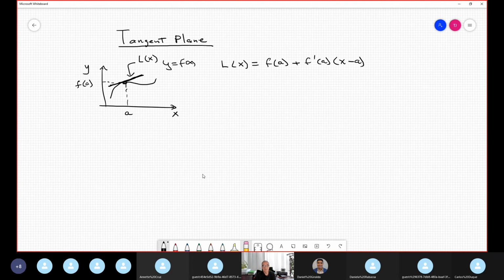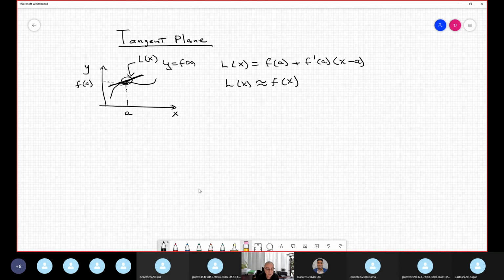Near the point, the linear approximation and the function are approximately the same. So the linear approximation is approximately f of x for a point close to the specific point at which you compute the linear approximation.